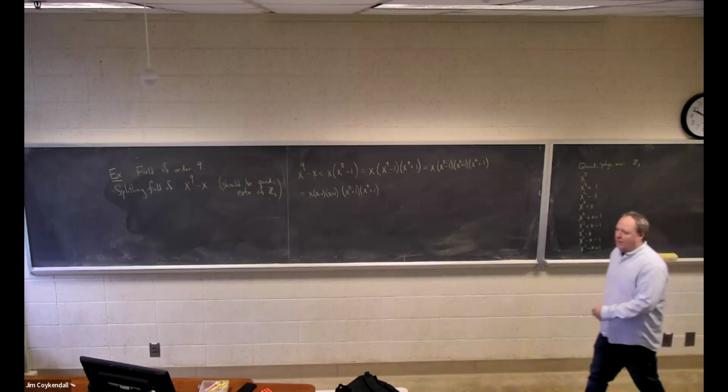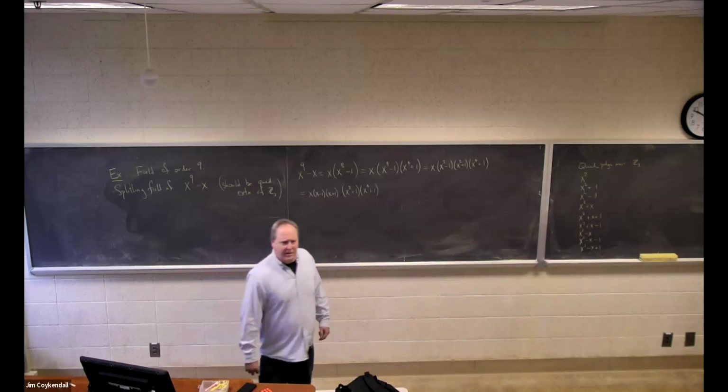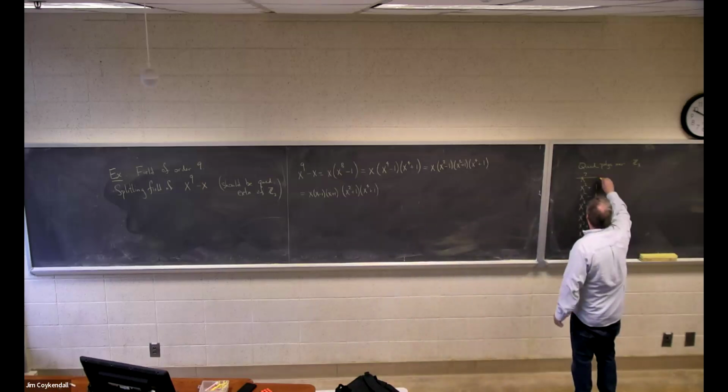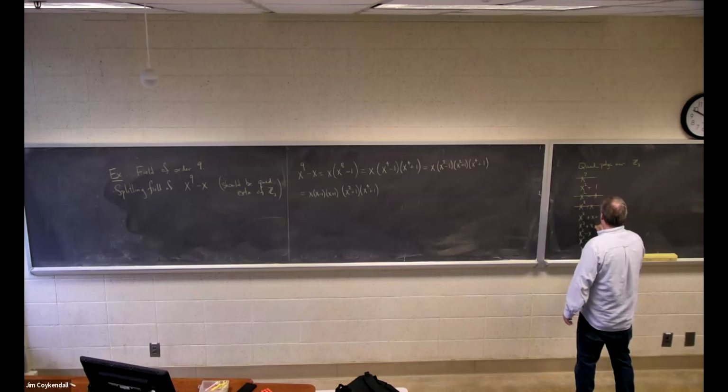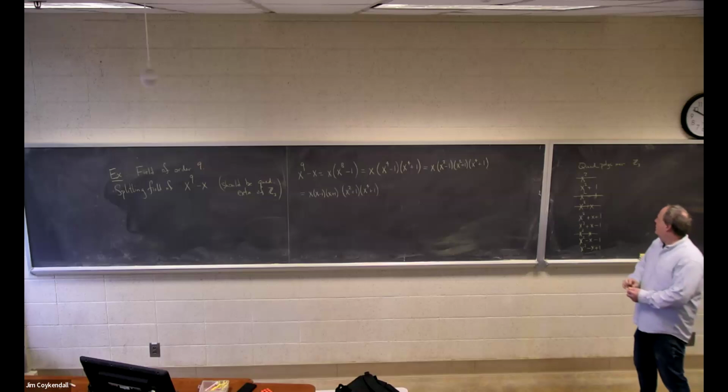I want to circle the ones that are irreducible. Can you all identify them? Certainly not, certainly not, certainly not.